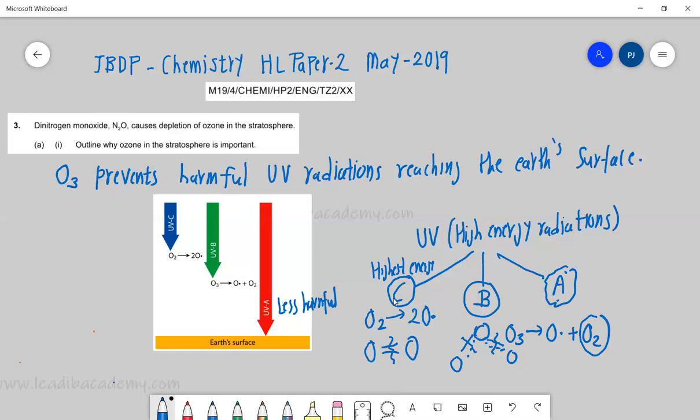Oxygen is anyway taking care of the highest energy, but the problem is mainly with UVB. So that's the importance of the ozone layer. Hope this is quite clear.